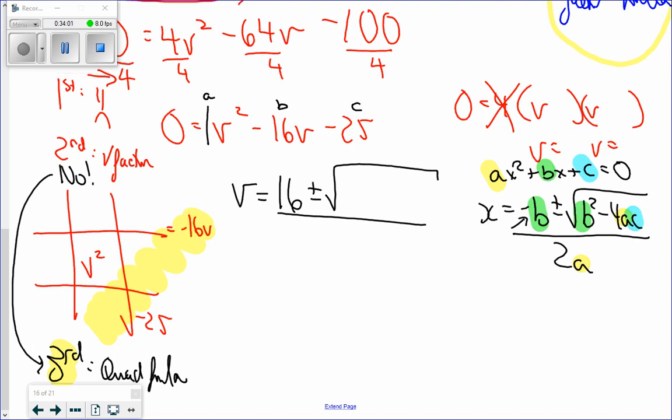When you plug in this one right here, you always plug in the positive version of B. Even though B is negative 16, we always just write positive 16. Always. It will save you a whole extra set of brackets. Subtract 4 times A times C, all over 2 times A.